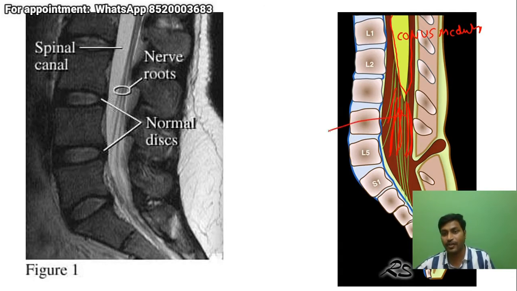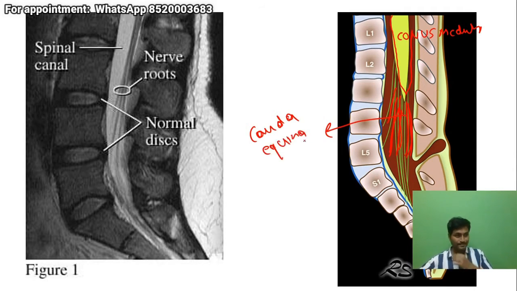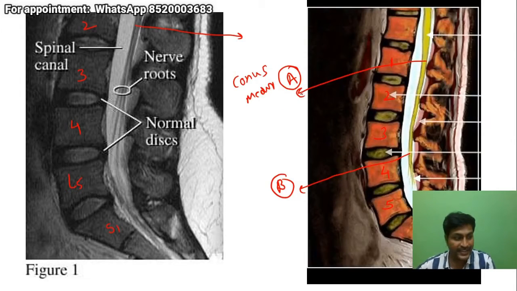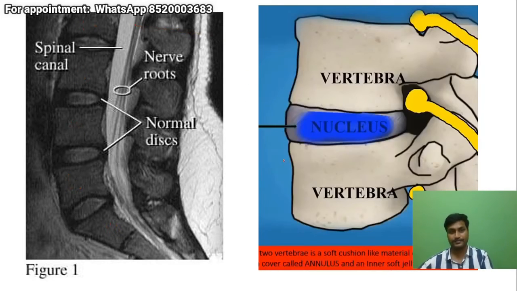This is known as the cauda equina. Am I clear? So A is conus medullaris and B is cauda equina. Cauda equina is made up of all the traversing nerve roots.